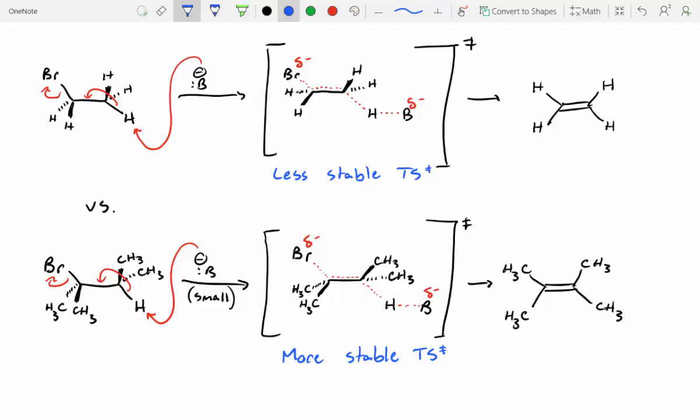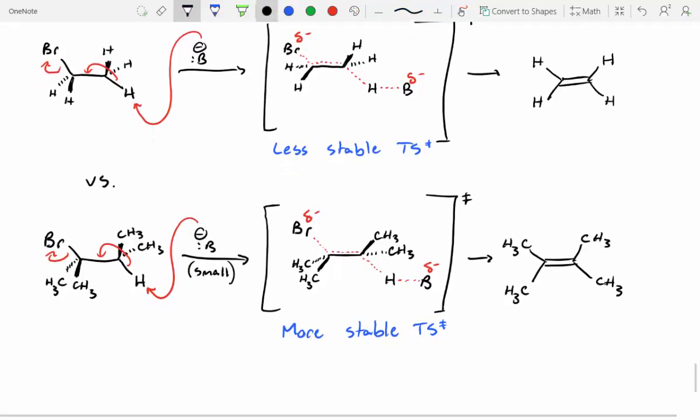And that means that typically the more substitution you have coming off of your alpha beta position, the faster the rate will be, because that activation energy is actually a little bit smaller. That hump you have to overcome will be smaller in energy. So let's make a general list.